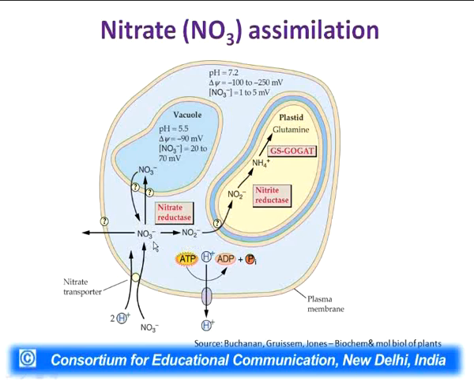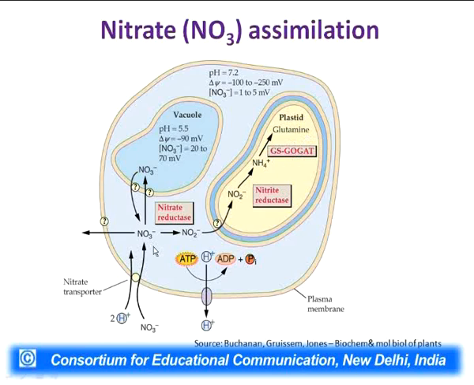This nitrite goes into the plastid, where nitrite converts into ammonia, and again it will get to glutamine, which I just now told you, by the GS-GOGAT cycle.